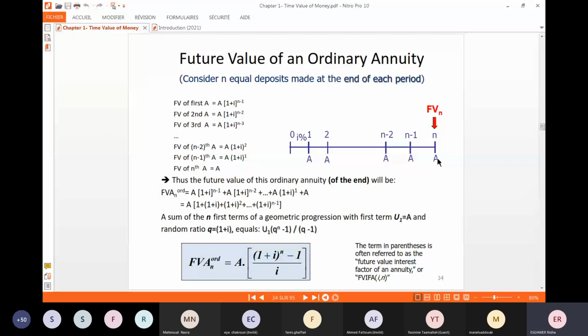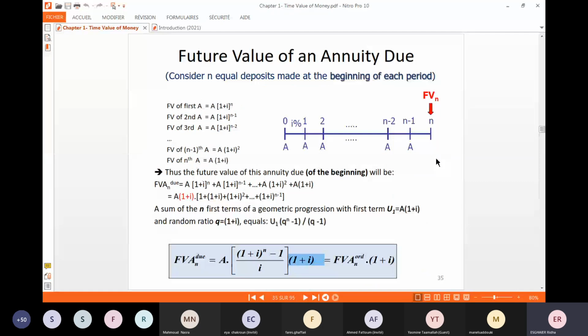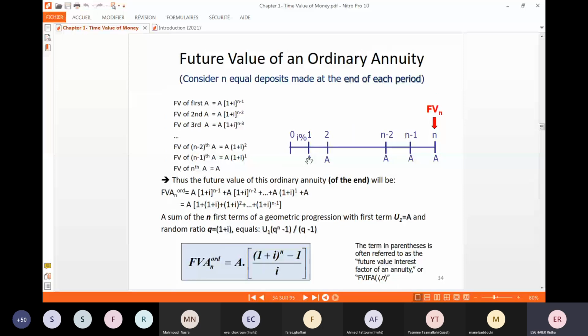In the annuity due, the last A will generate interest, because each deposit is invested one period before the corresponding A of the ordinary annuity. This additional year of interest is captured by this 1 plus I. As simple as that.